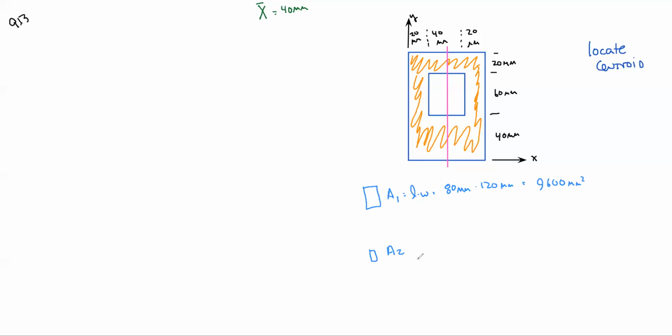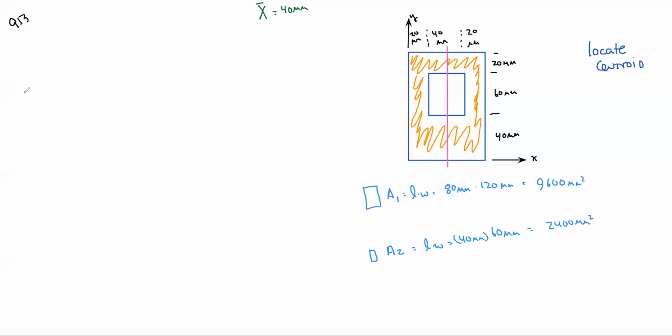Looking at the smaller rectangle, also length times width, it measures 40 millimeters times 60 millimeters, and that is equal to, you guessed it, 2,400 millimeters squared.